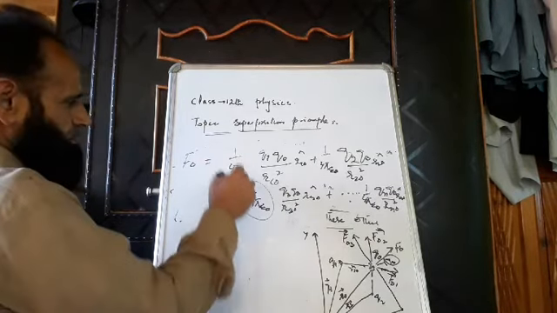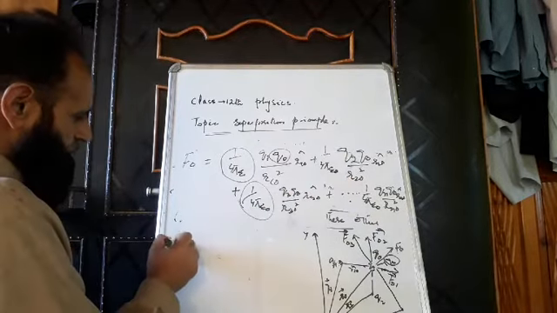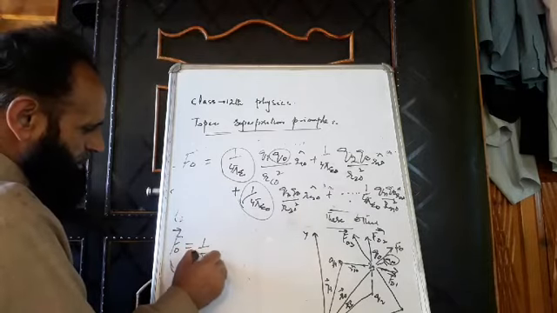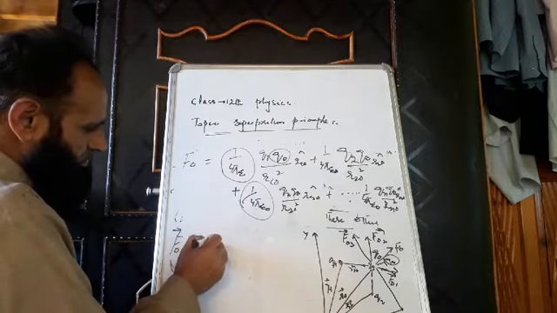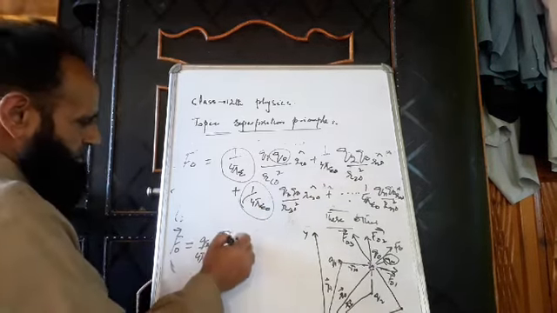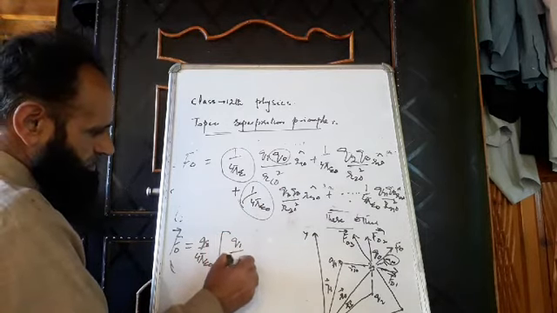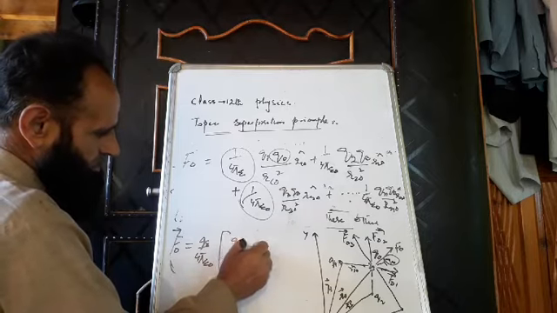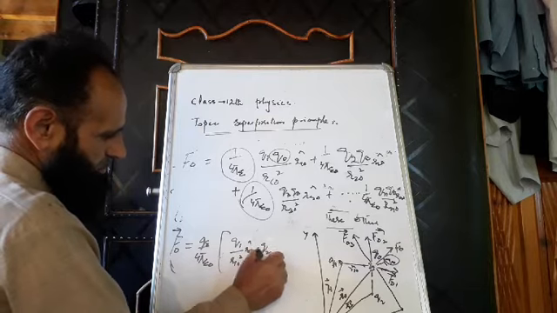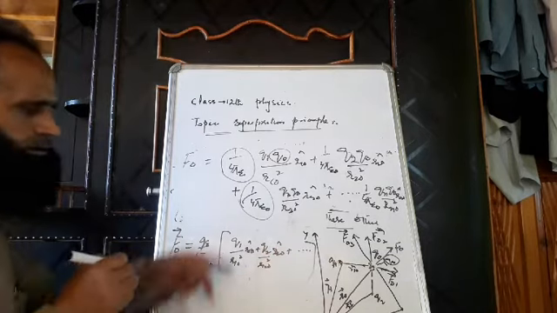One thing is common here: 1 by 4 pi epsilon naught and this Q0. So this F0 would be equal to 1 by 4 pi epsilon naught into Q0, taking Q0 out, and inside we will have Q1 divided by R10 square into R10 cap plus Q2 divided by R20 square into R20 cap plus and so on up to n terms.